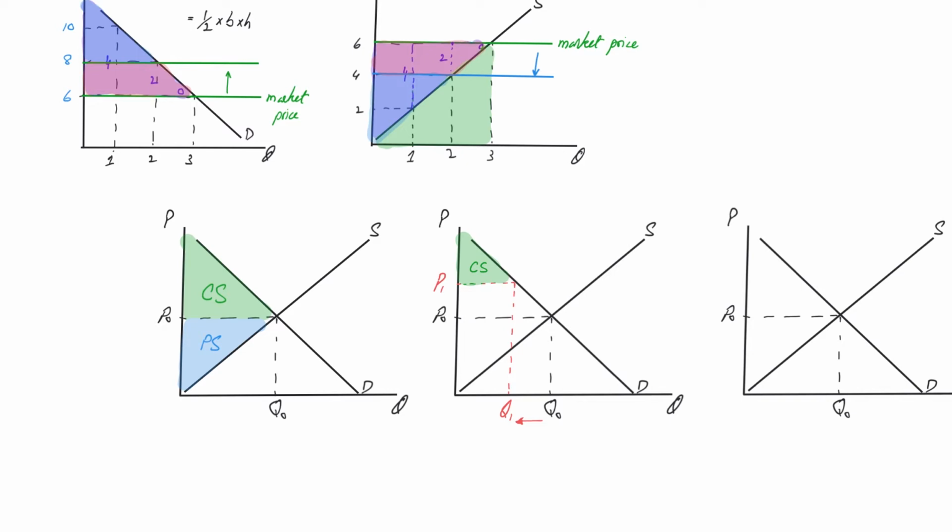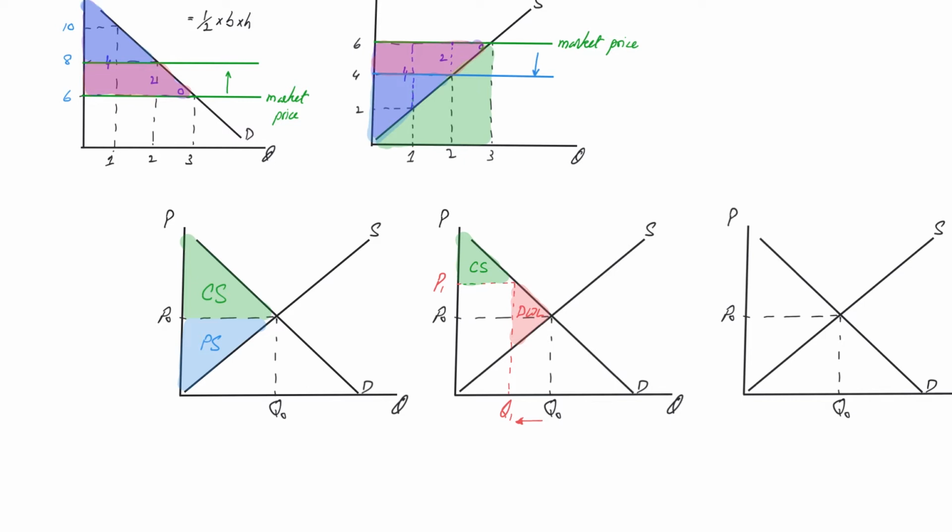Q0 to Q1. So the original consumer and producer surplus area, which is now not being produced, is a loss to the society. It's a deadweight loss. Nobody gets this anymore.